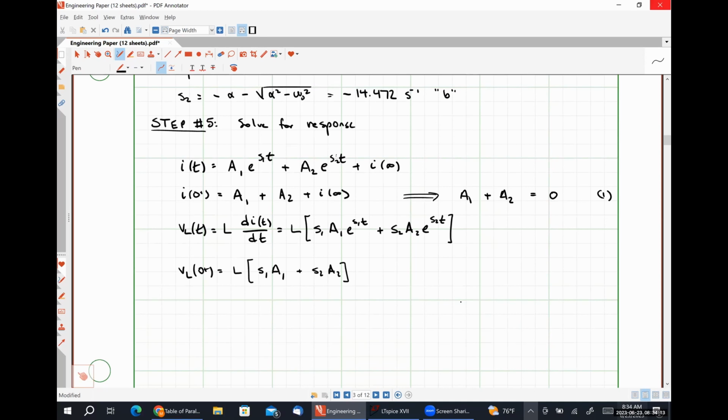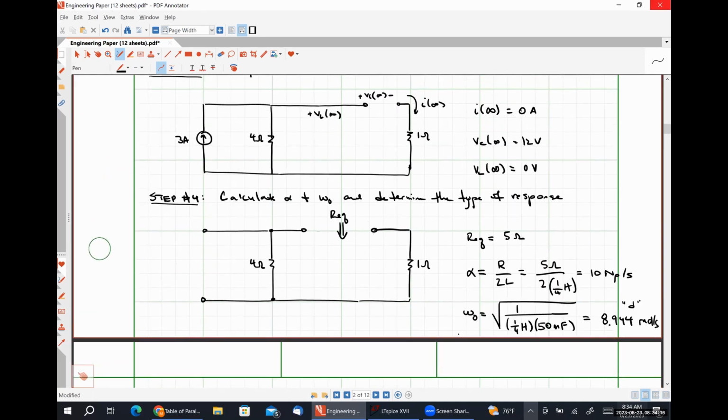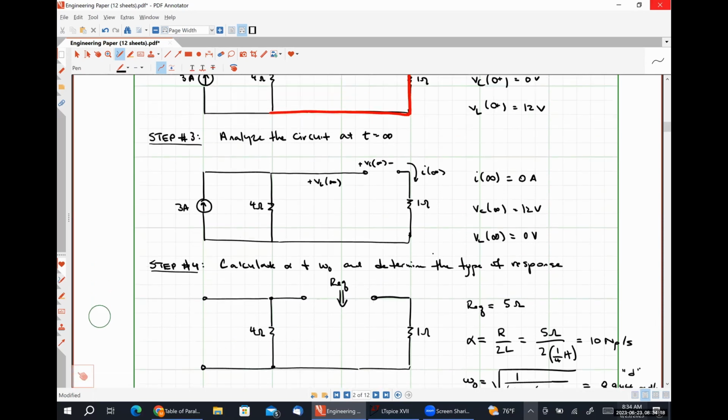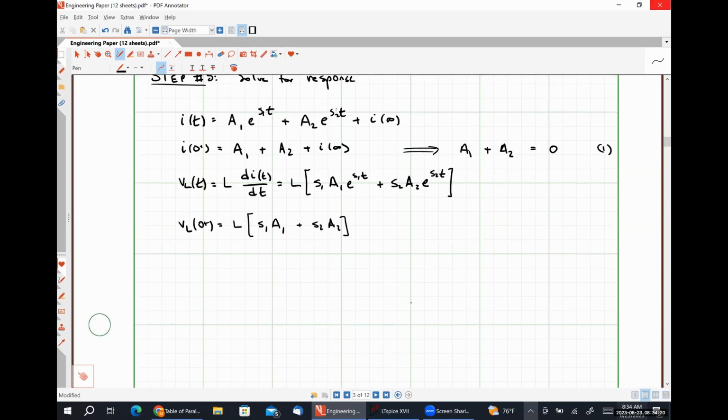So VL at 0 plus was 12 volts. Yes. So this is going to be 12 volts is equal to L, 1/4, times S1, which I had stored in my calculator as A, negative 1.382, A1.